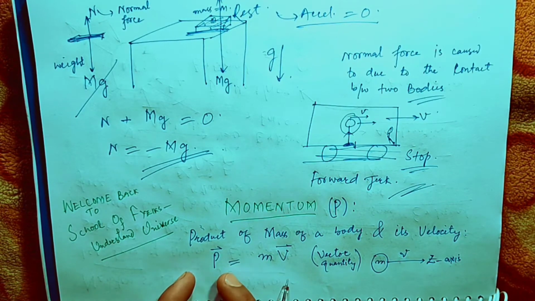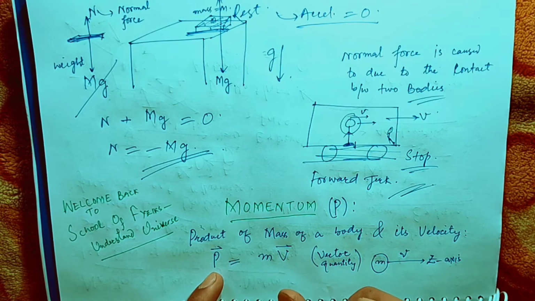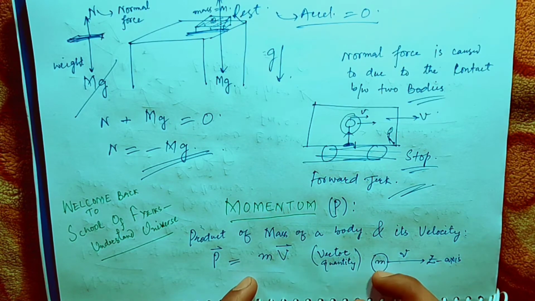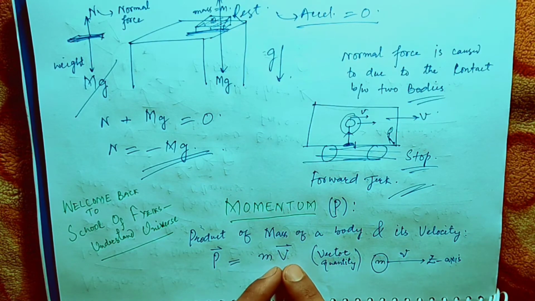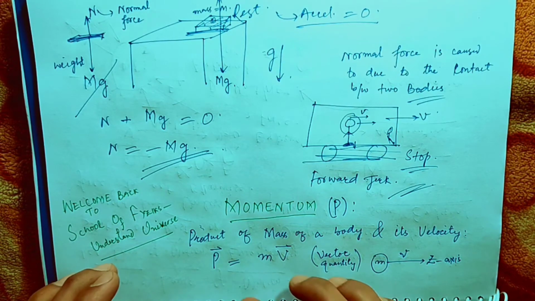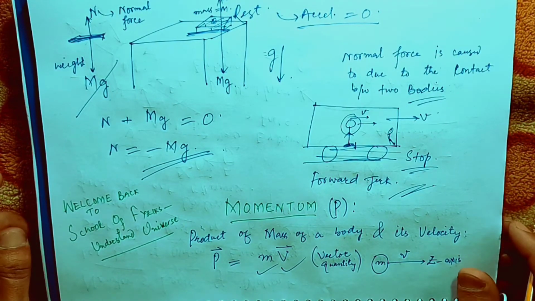So P is a vector quantity and its direction is given by the velocity possessed by the body. Whichever way the velocity is heading, the momentum has the same direction. In short, this is a simple definition: momentum is defined as the product of the mass with its velocity.